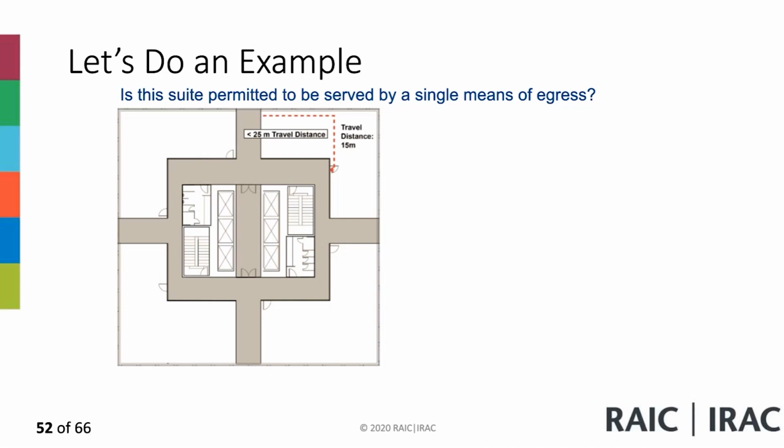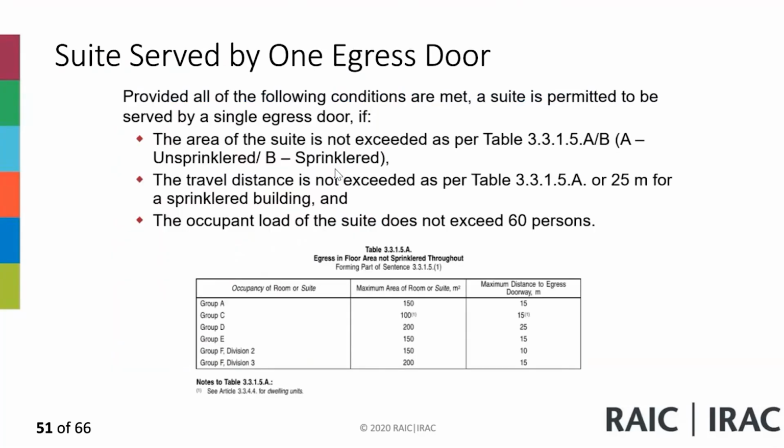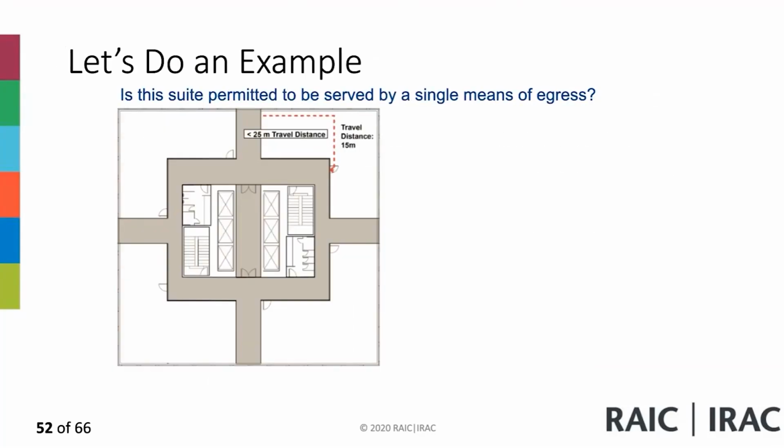Let's see a question as an example. Is this suite permitted to be served by a single means of egress? From here to here is 15 meters. Do I know the occupancy? I've got a group D occupancy. It's not sprinklered. The area was 150 and the occupant load is 16.